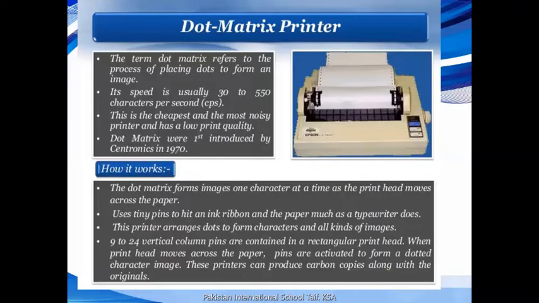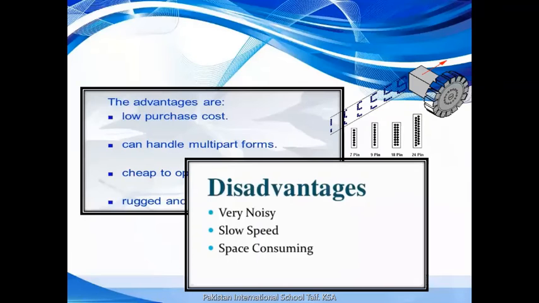When the print head moves across the paper, pins are activated to form a dotted character image. These printers can produce carbon copies along with the originals. The impact printer and the dot matrix printer are slow and noisy, but they are heavy duty printers. They can work heavily and can produce more work.